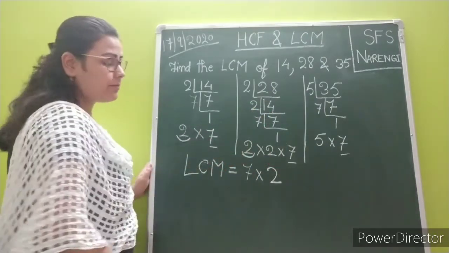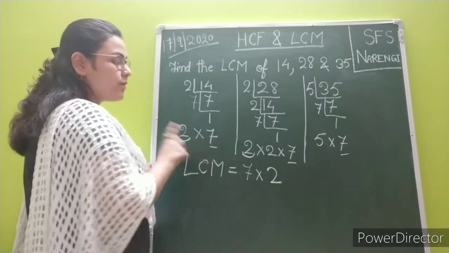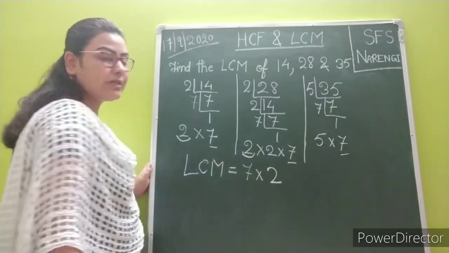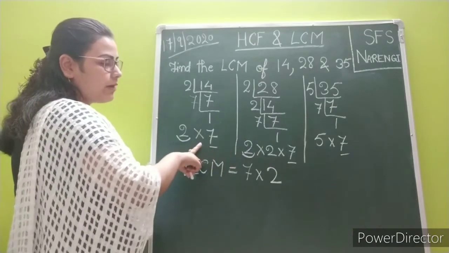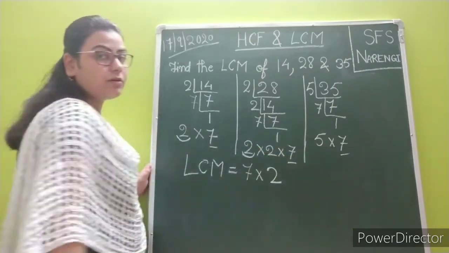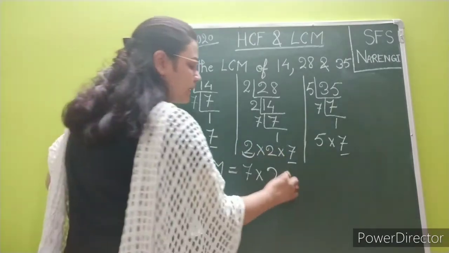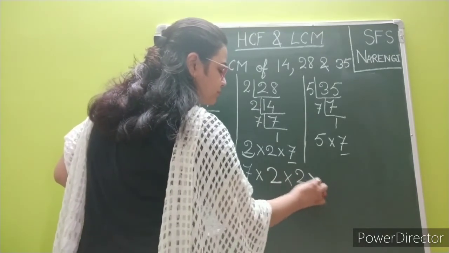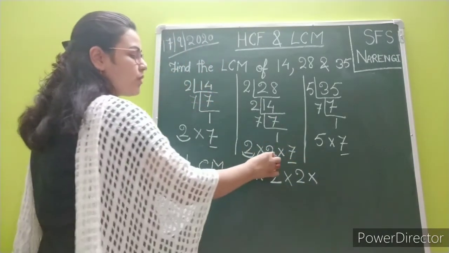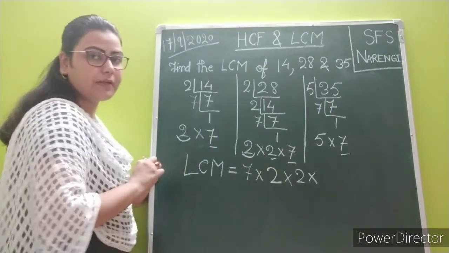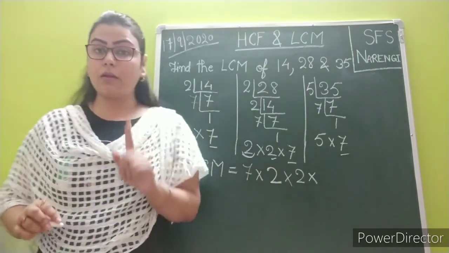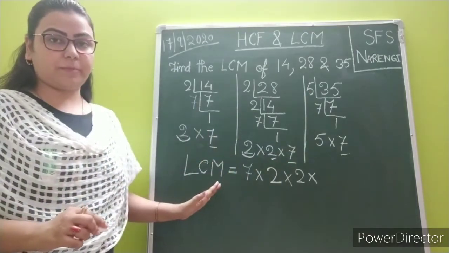Next, this one is both gone. Now, one 2 is left. Is there any 2 here? No. Is there any 2 here? No. So, this 2 will come. This one is also taken. Right? Now, I know this might be confusing.